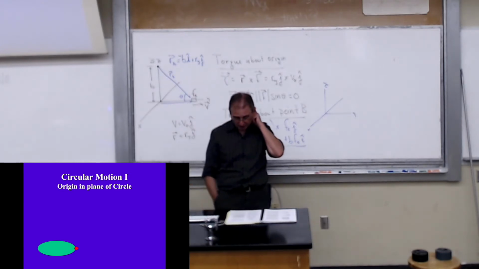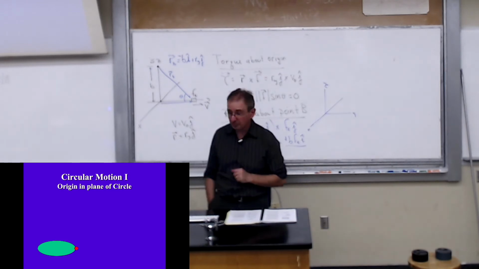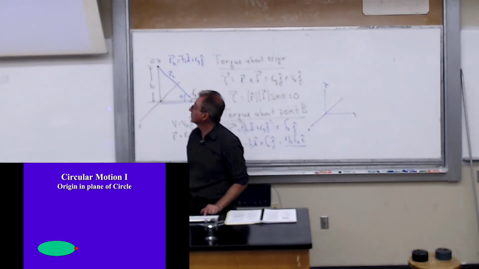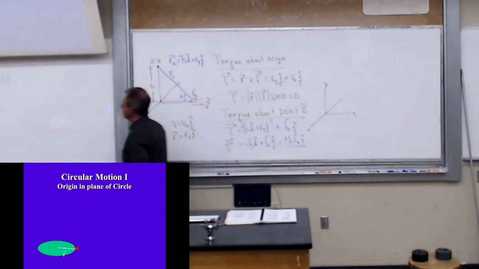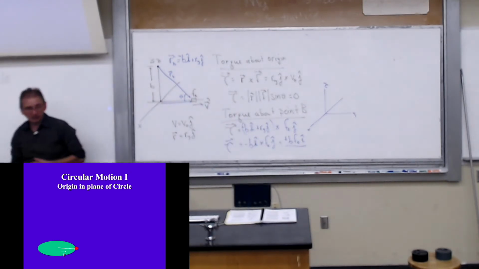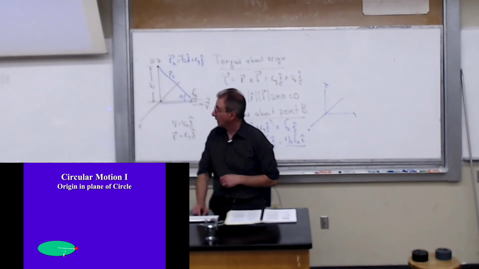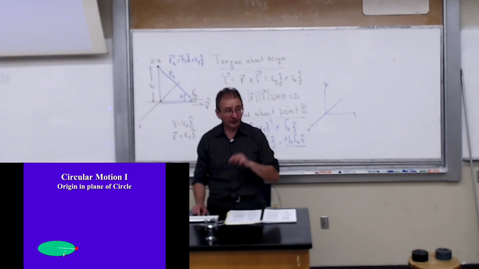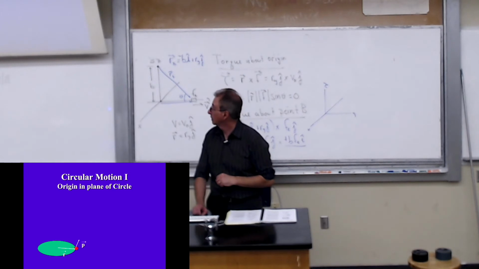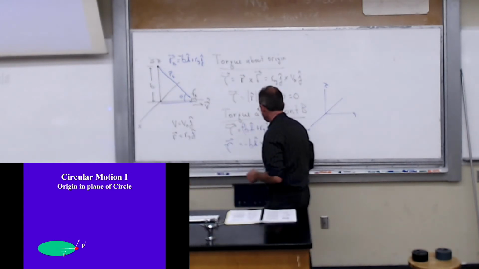Let's consider the angular momentum of a particle going in a circle. So our particle is right up there, the red dot. I've drawn the R vector. Of course, V is tangent to the circle, and so that means P is tangent to the circle.